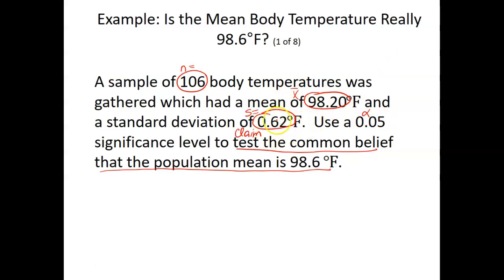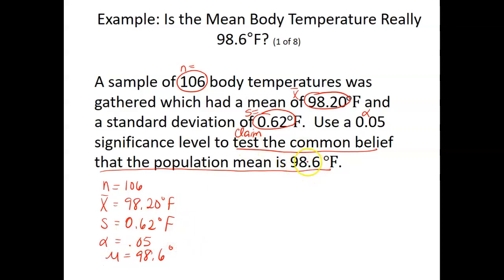Okay, so I could list my summary statistics. 106 for my N. X bar is 98.20. S is 0.62. Alpha is 0.05. And then this is actually going to be my mu.